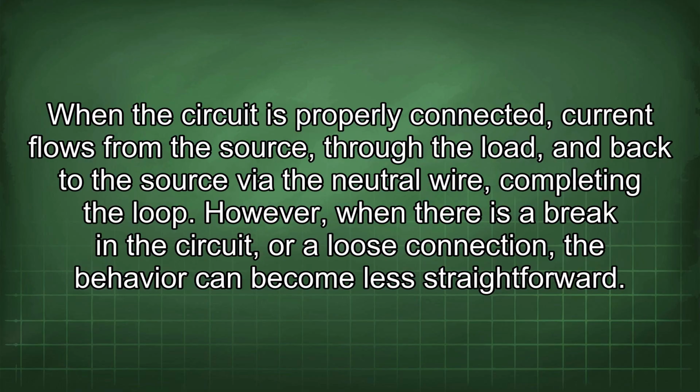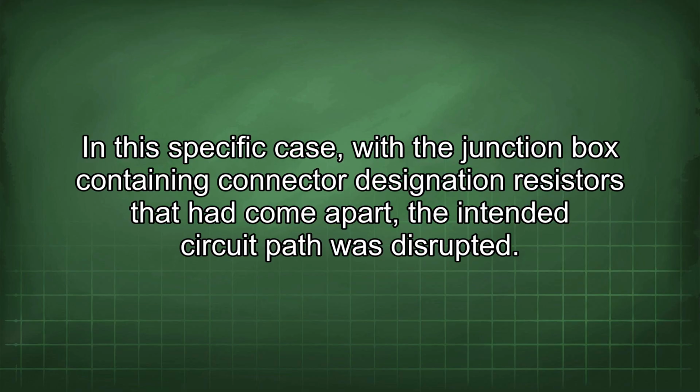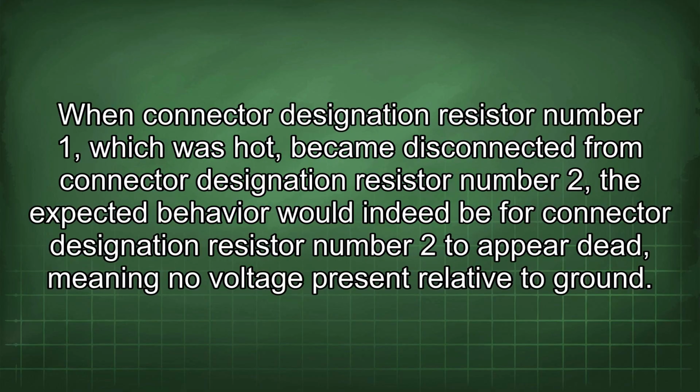However, when there is a break in the circuit, or a loose connection, the behavior can become less straightforward. In this specific case, with the junction box containing connector designation resistors that had come apart, the intended circuit path was disrupted. When connector designation resistor number 1, which was hot, became disconnected from connector designation resistor number 2, the expected behavior would indeed be for connector designation resistor number 2 to appear dead, meaning no voltage present relative to ground.